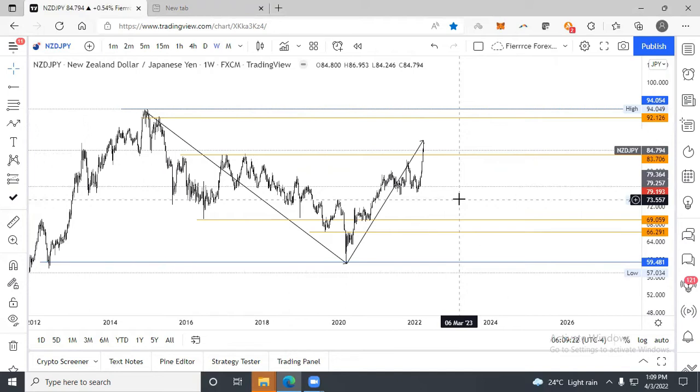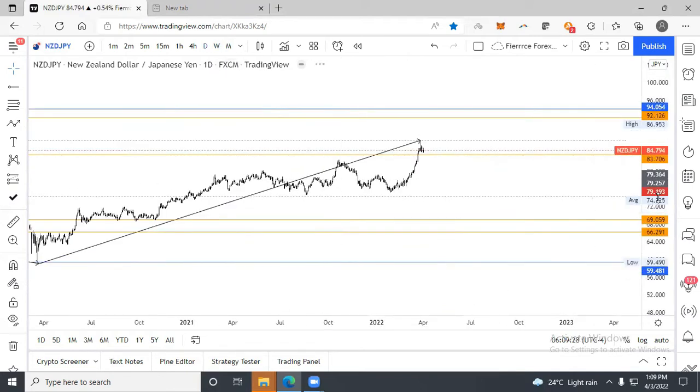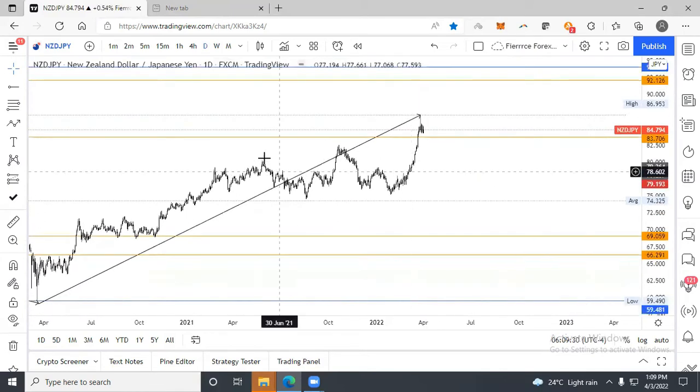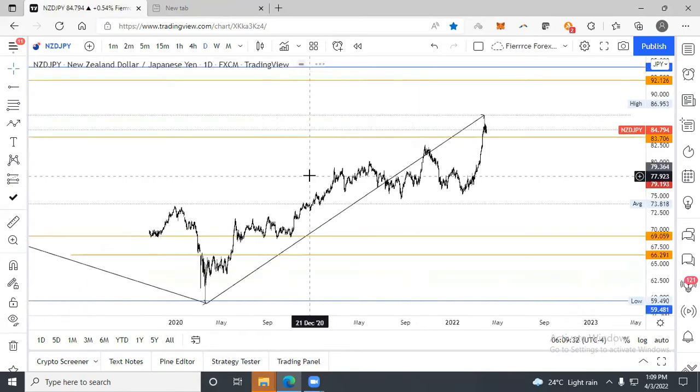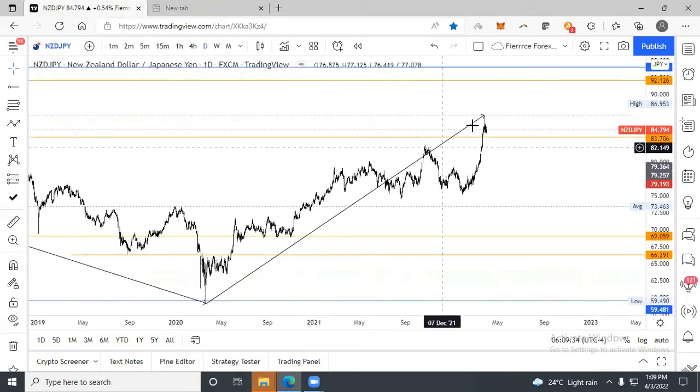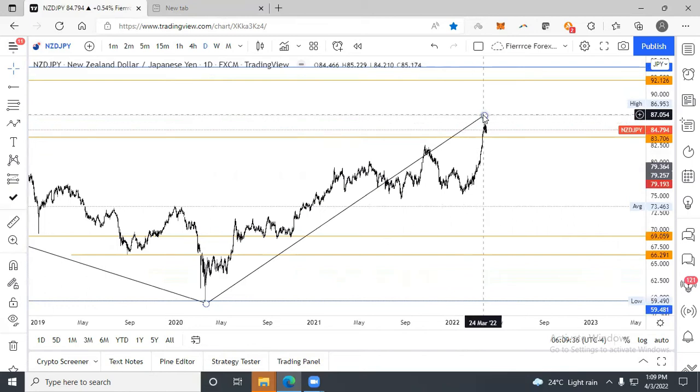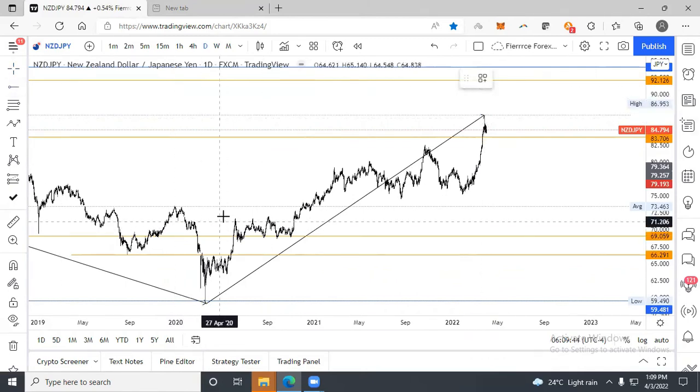So let's just zoom into the daily structure. The area that will be of interest to me will be this zone to this zone, right? So I have my swing low here, swing high, still the same target as on the weekly, but in between that is intermediary structure that I can see significant ones.